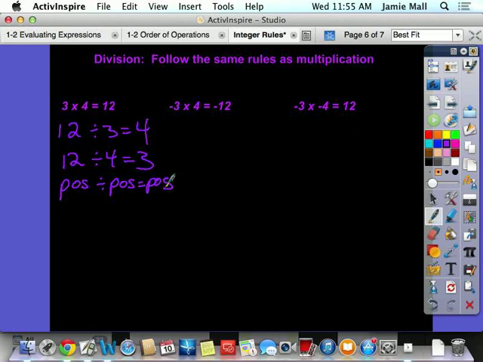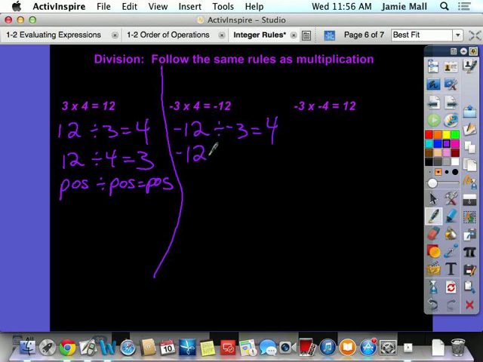Same rule as with multiplication. If I take a look in the next column over, I've got a negative times a positive, negative 3 times positive 4, which we know is equal to negative 12. If I turn those facts back around into a division problem, look what I've got. Negative 12 divided by negative 3 leaves me with positive 4.